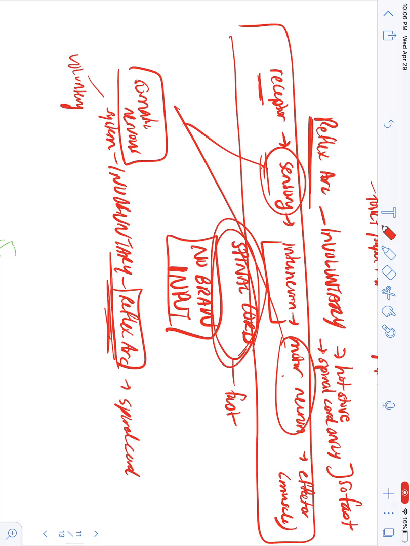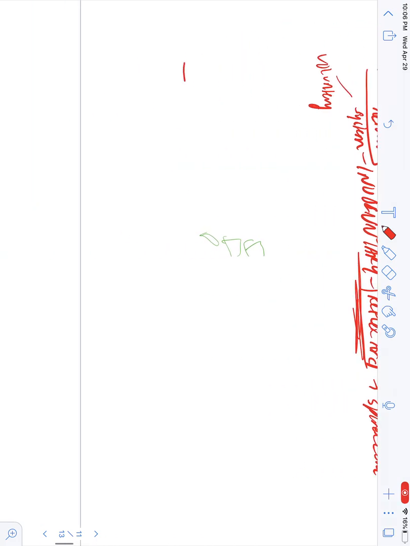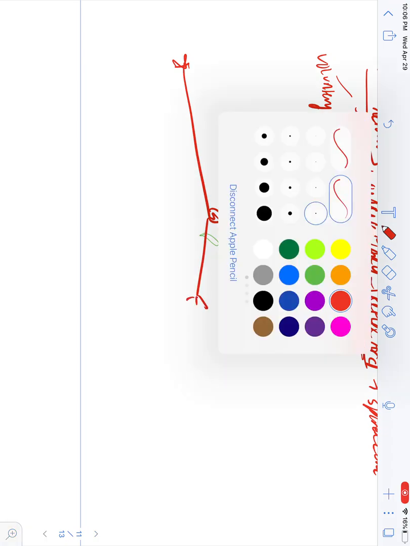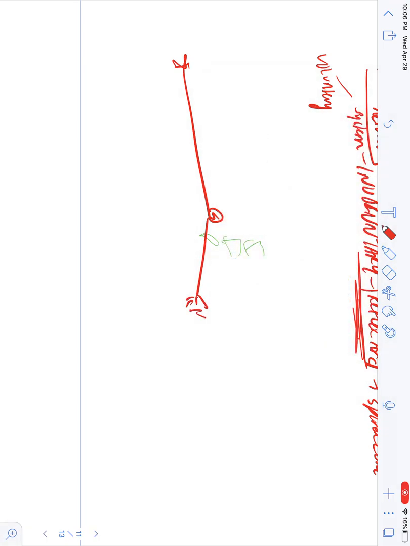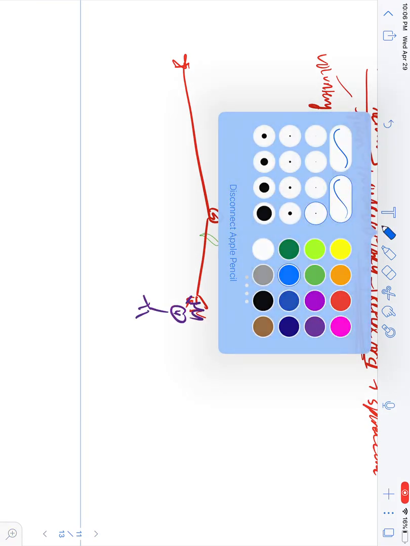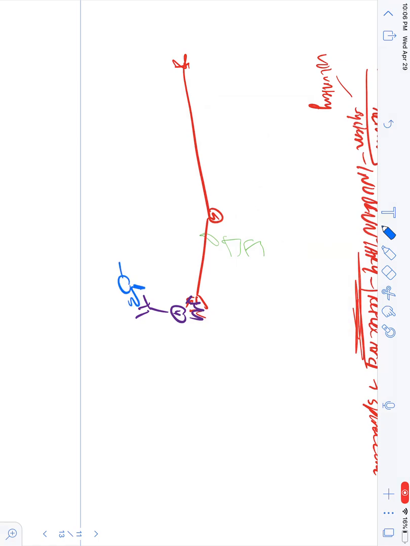So that's just the reflex arc: receptor, sensory, interneuron, motor neuron. That's the pathway of the reflex arc. Effector, which is just the muscle that moves.